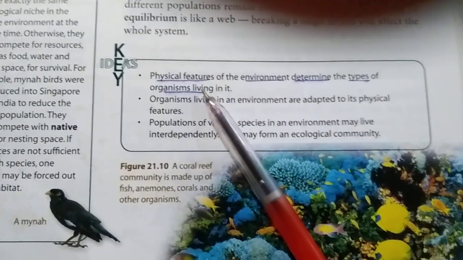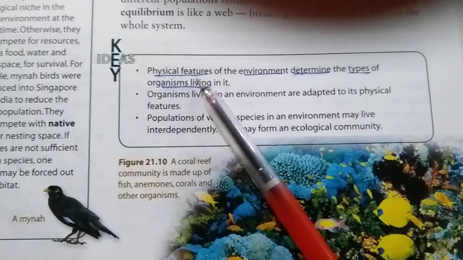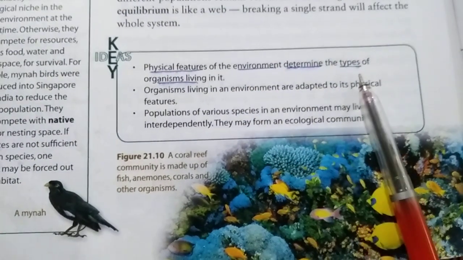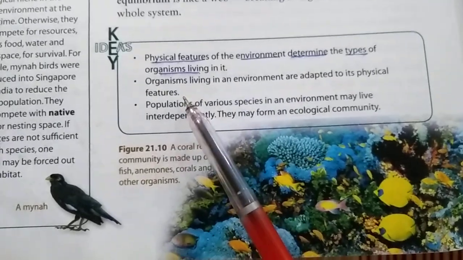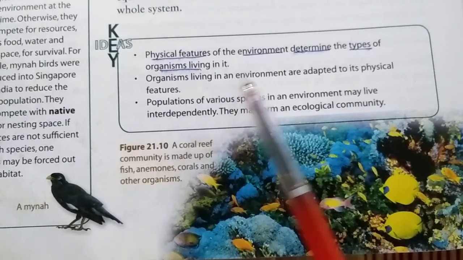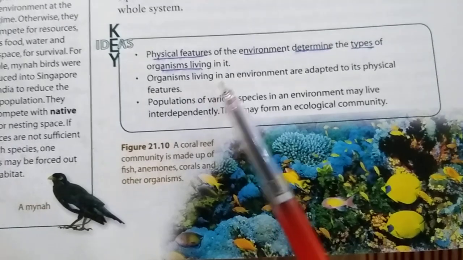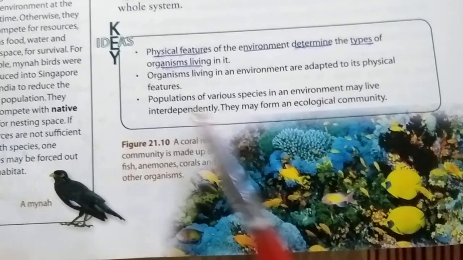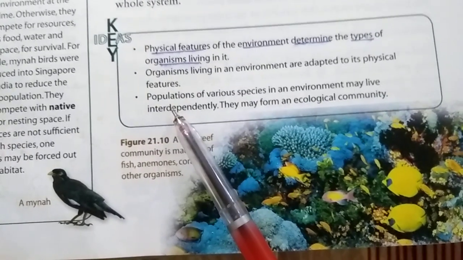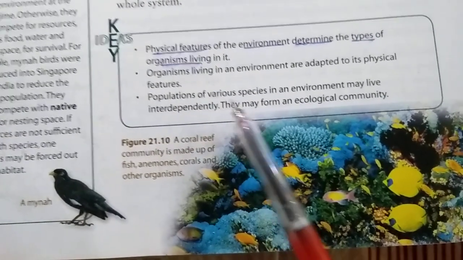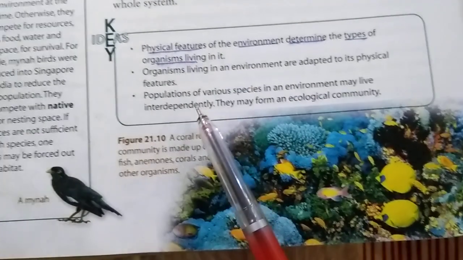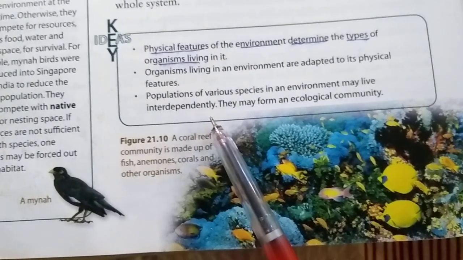Physical features of the environment determine the types of organisms living in it. Organisms living in an environment are adapted to its physical features. Populations of various species in an environment may live interdependently.